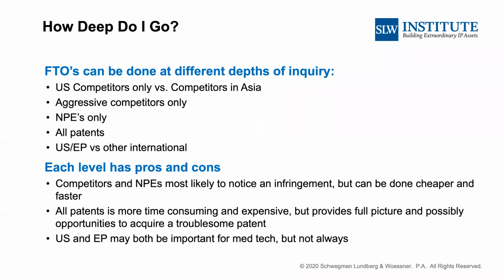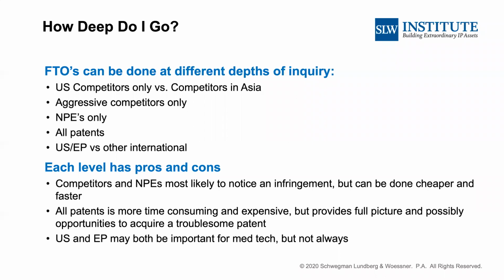Most of the time we do US-only FTOs, and then branch that off if we need to into potential foreign equivalent patents that we might locate. But for medical products, for example, Europe typically is very important. So I'll let Tyler and Sunil speak to that, but that's one point there.